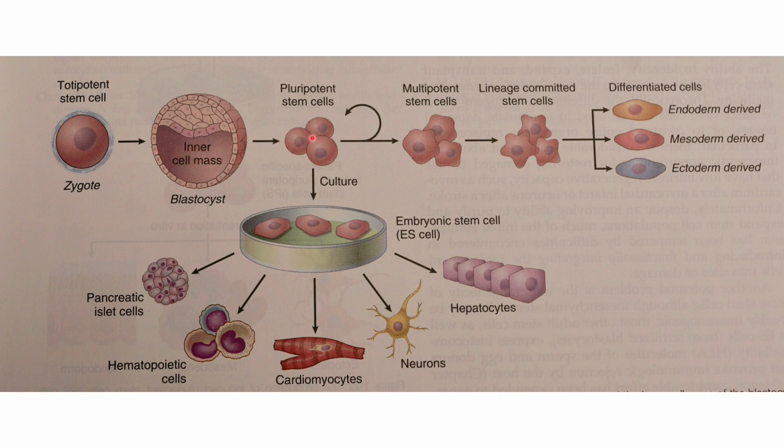Pluripotent stem cells are derived from this in cell culture, and they can be transformed into more specialized hepatocytes, neurons, cardiomyocytes, hematopoietic cells, and pancreatic islet cells. You can also have multipotent stem cells, and that lineage can give rise to endoderm, mesoderm, and ectoderm derived cell types.